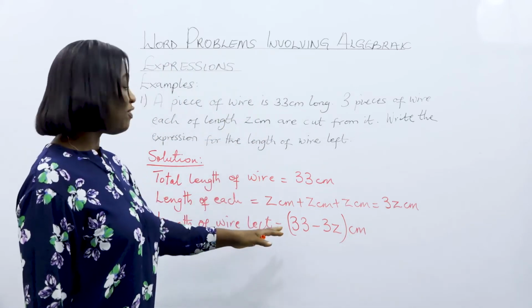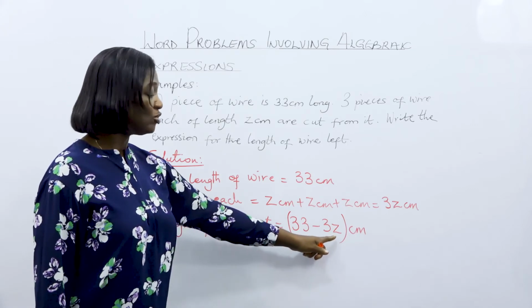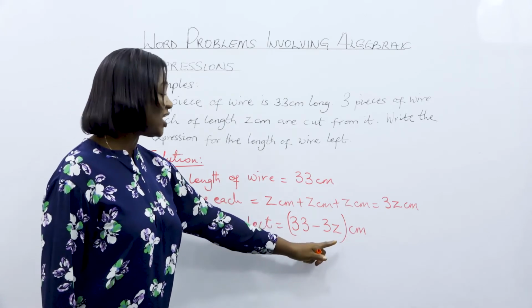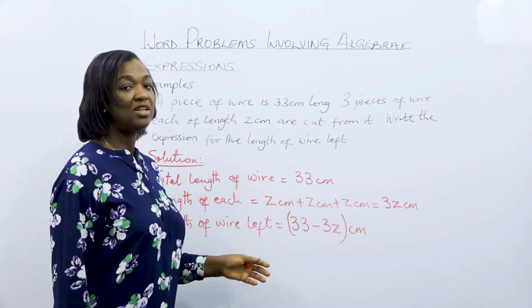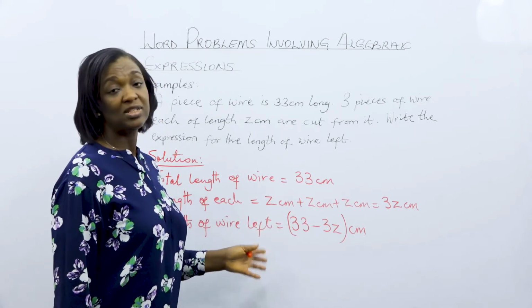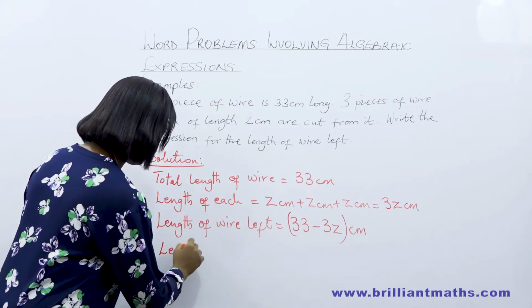We can't find this length unless we give a value to z. So depending on the value of z, we can find the length of wire that is left. So for example, let z be 5.